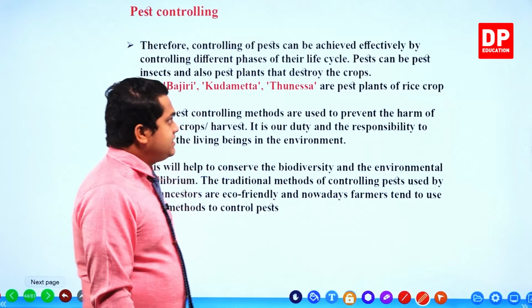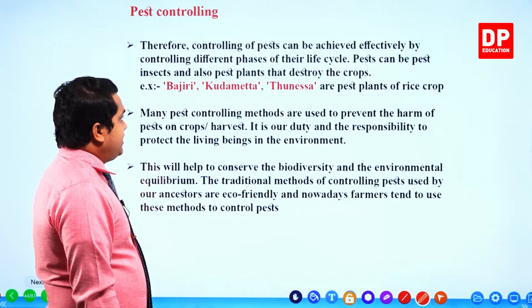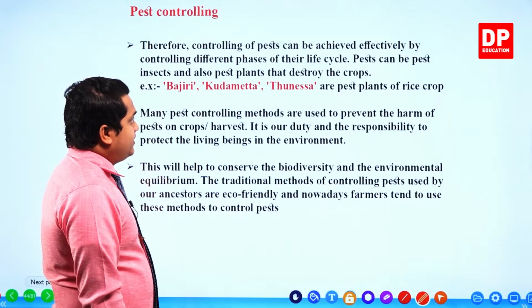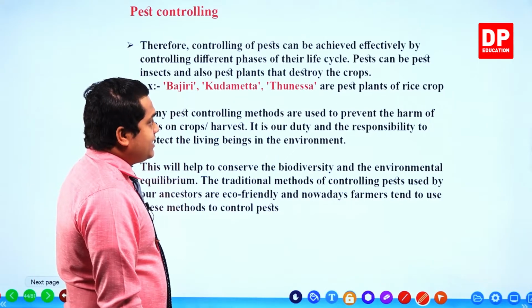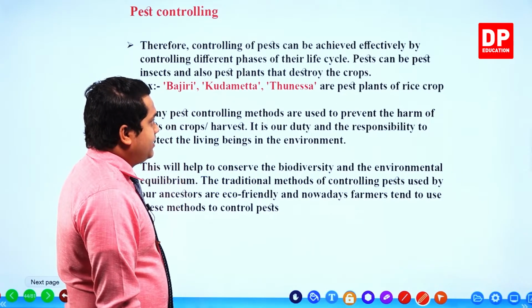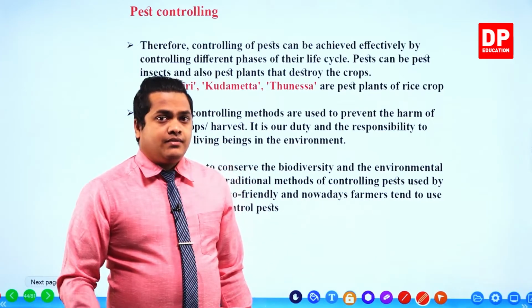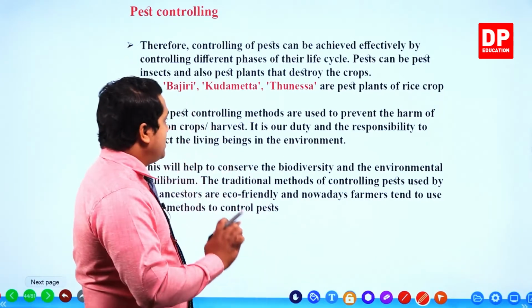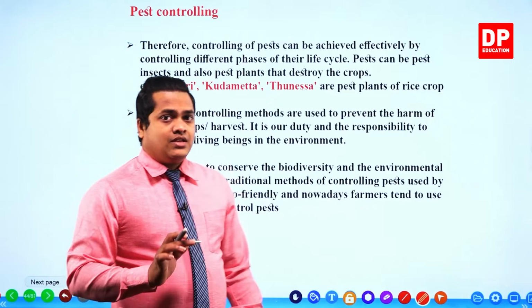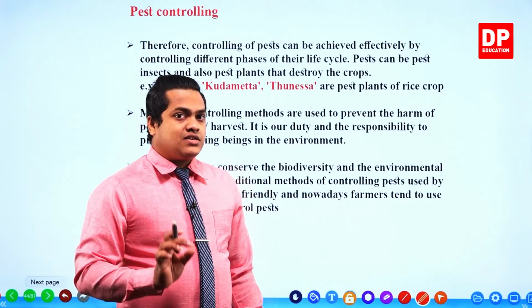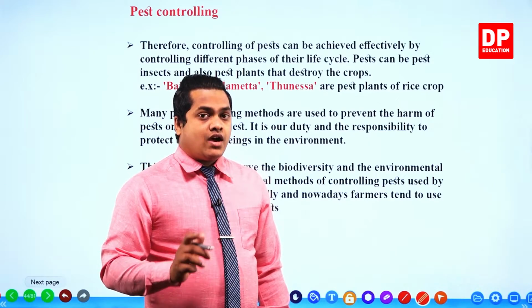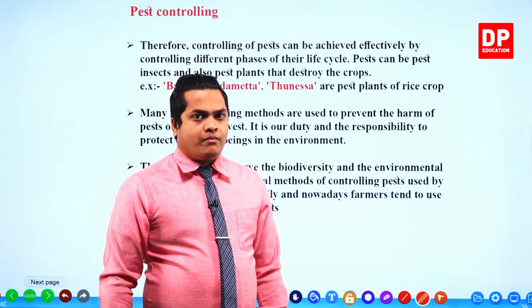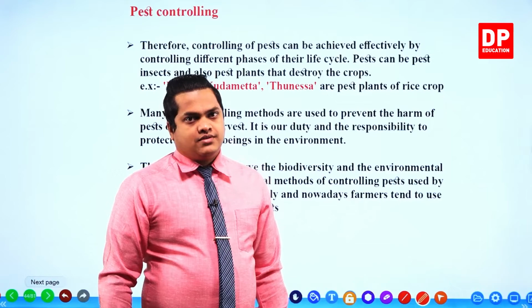Examples given: bajiri, kudamet and tunis are pest plants of the rice crop. These are pest plants that harm the rice crop or the paddy fields.